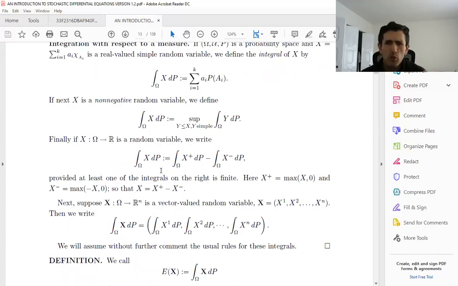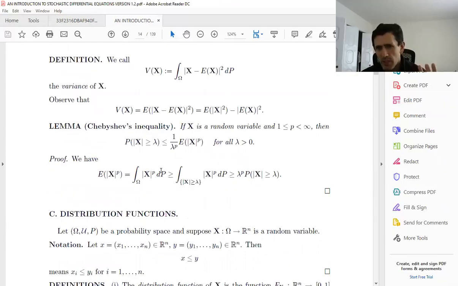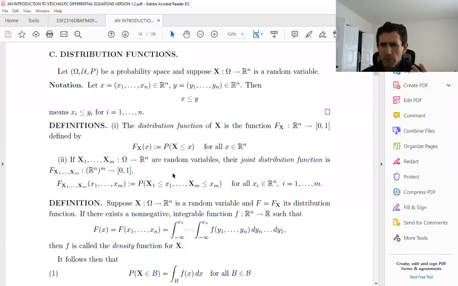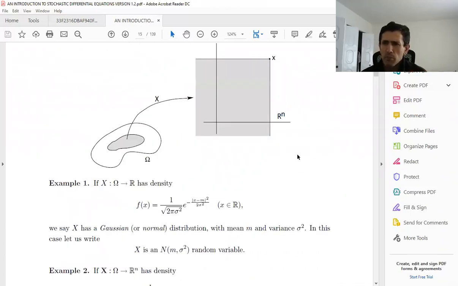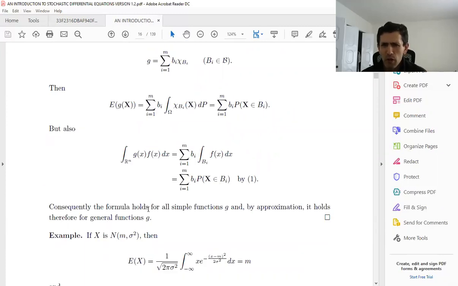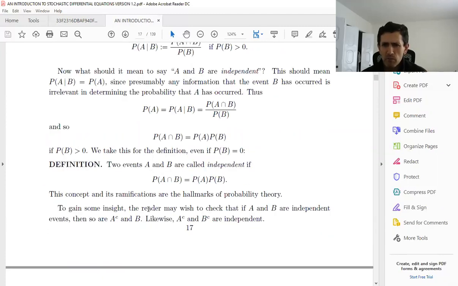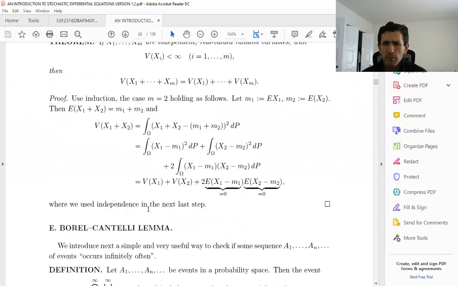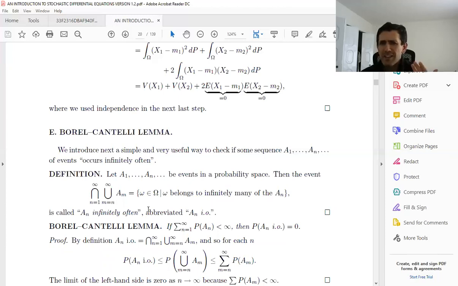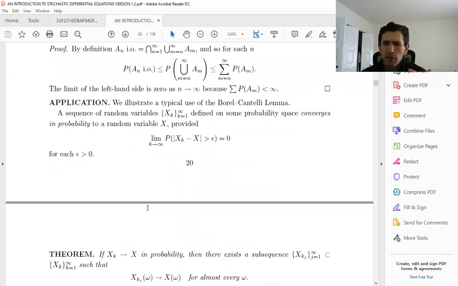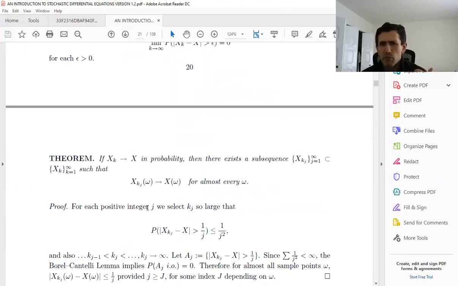But it also talks about joint PDFs, variances, Chebyshev's inequalities, the PDF, CDF, proves the law of large numbers, talks about, I think only one of the Borel-Cantelli lemmas, not the other one. The other one I think is a little more advanced in probability theory, but I thought it was kind of neat to prove.